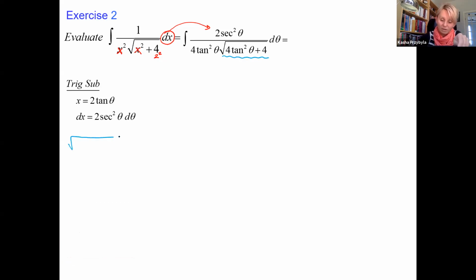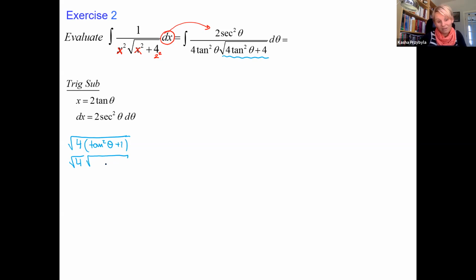I can factor out 4 from tangent squared theta plus 1. You probably noticed that's the reason we need this additional coefficient. I know it will simplify, but let's do it step by step. Then we have the square root of 4 times the square root of tangent squared theta plus 1.